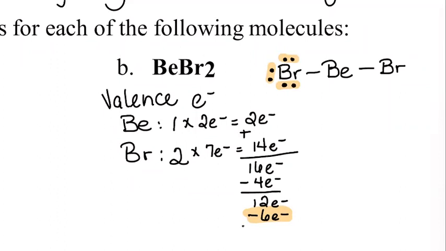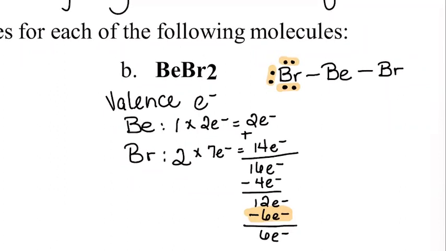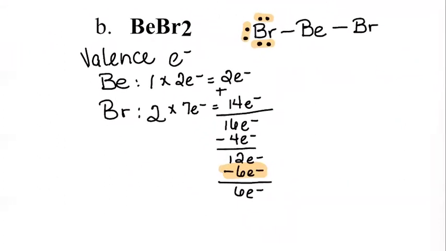So at this time, I can only attach to this molecule 6 more valence electrons, okay? I need to make sure that my other bromine also has an octet, because as I mentioned a few moments ago, we need to try to get the octets of the outside atoms, and then we work our way in. So the bromine on the right also needs 2, 4, 6 electrons, and then the 8 are completed by the ones that are shared with beryllium.